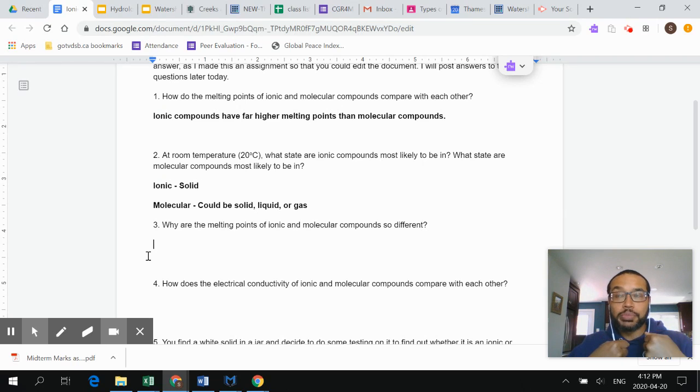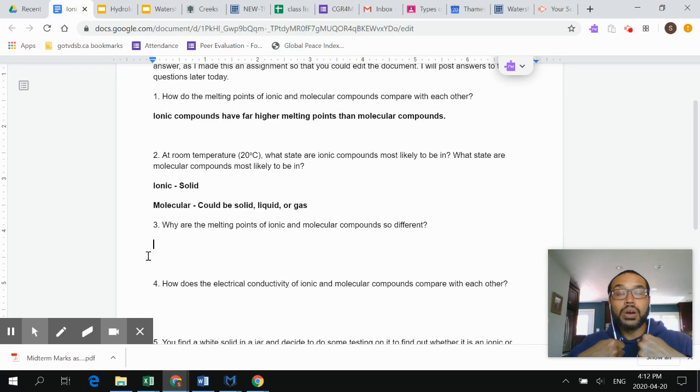And remember, the difference between states is how far apart those atoms are and how fast they're moving. So when they're bonded together, they're solid and they're hard to move apart. You need a lot of energy. You need to crank up that heat. So when the temperature increases and increases and increases, you have to really get it hot in order to break those bonds apart.